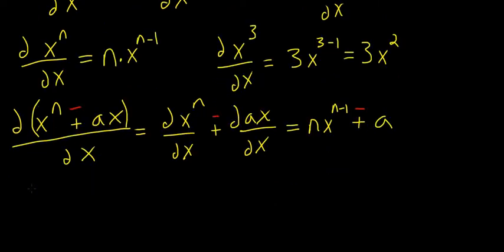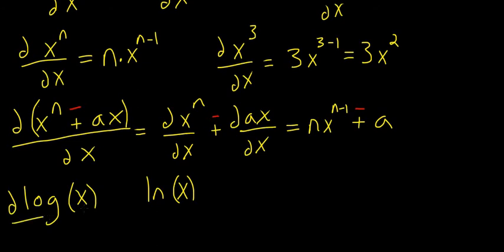The last rule that I'm going to cover in this video has to do with logs. So we will do a video later reviewing log rules, but if I have log of x or ln of x, and I take the partial derivative with respect to x of either of these, then the answer is 1 over x.